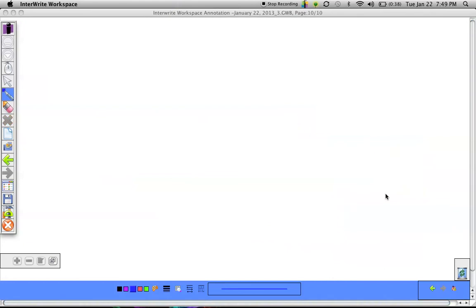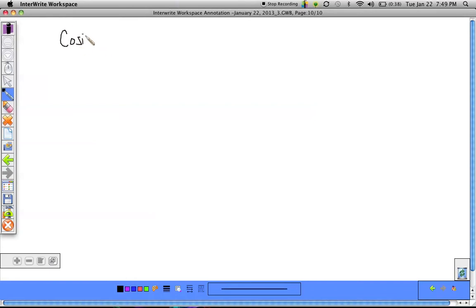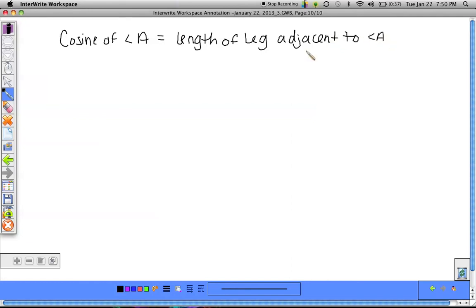Alright, we have one more to learn, and that is cosine. So the cosine of angle A is equal to the length of the leg adjacent to angle A over the length of the hypotenuse.